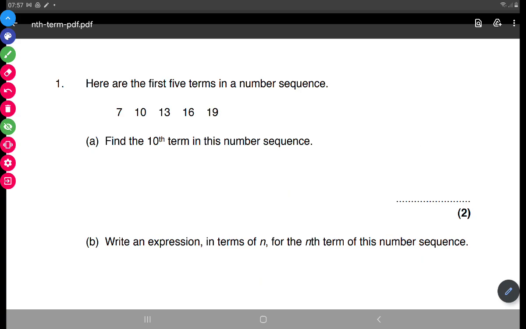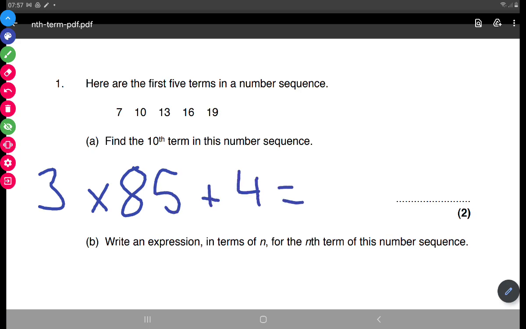Okay. So, what if I said to you, right, what's the 85th term in that sequence? Why did I say that? That was hard. What's the 85th term in that sequence? Now I've got to try and do 85 times 3 in my head. Right, 80 times 3 is 240, 3 times 5 is 15, so that's 255, add 4 is 259, so it'd be 259.